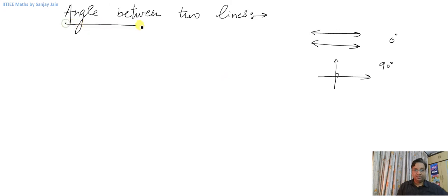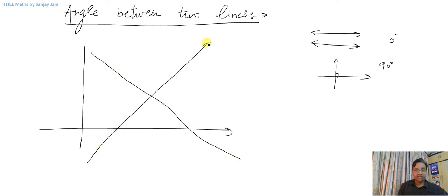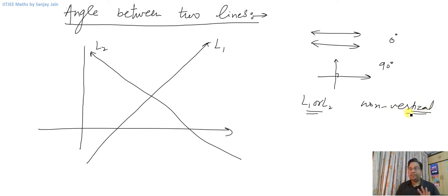In this particular article, what I am going to take is two lines which are non-parallel and not perpendicular to each other, right? And these two lines are non-vertical lines. What I mean here is that L1 and L2, both these lines are non-vertical, because vertical lines have undefined slope, right?